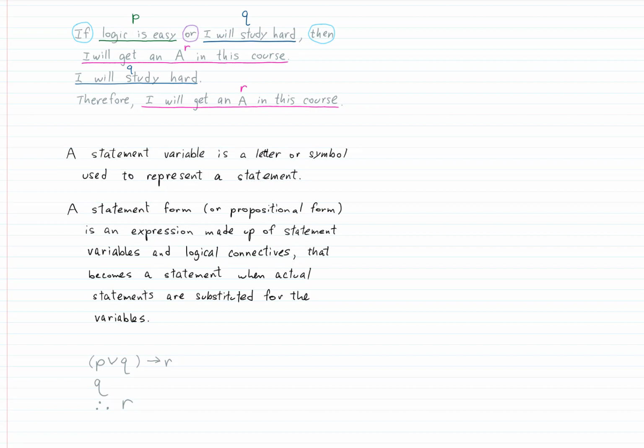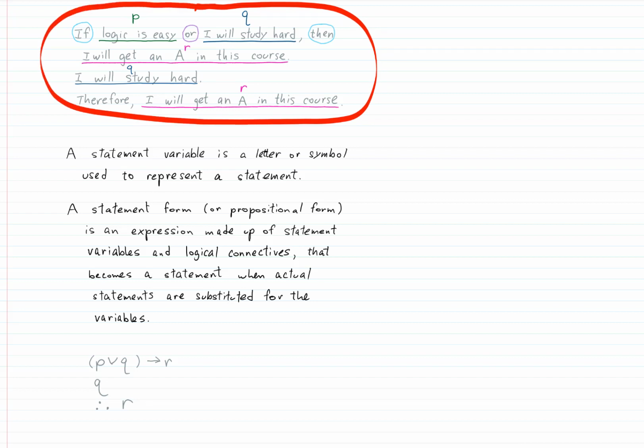So, up here, we have an argument made up of 3 statements. The first one is called a compound statement, because that first statement up there is made by connecting three statements together. Okay?